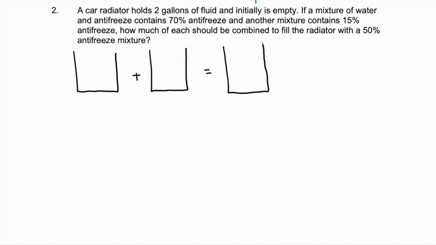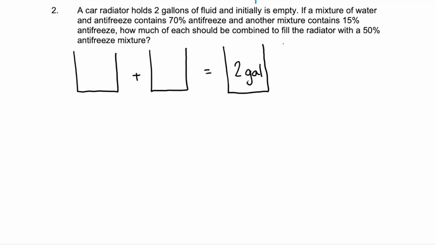So, a car radiator holds 2 gallons of fluid and initially is empty. And we're trying to fill this radiator, right? So, this would be our 2 gallons, the last bucket that we're trying to fill. Now, if a mixture of water and antifreeze contains 70% antifreeze and another mixture contains 15% antifreeze, how much of each should be combined?